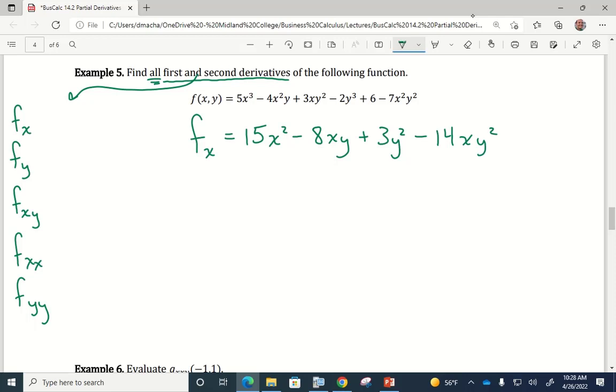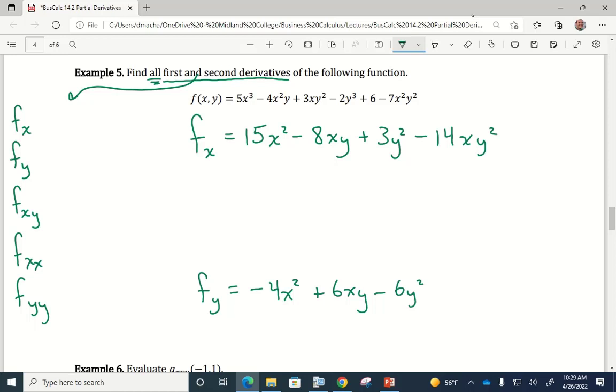Then if I want to take the partial with respect to y here, my second term gives me minus 4x squared. My third term gives me plus 6xy. My fourth term gives me minus 6y squared.